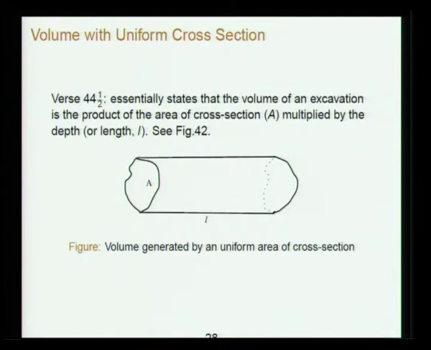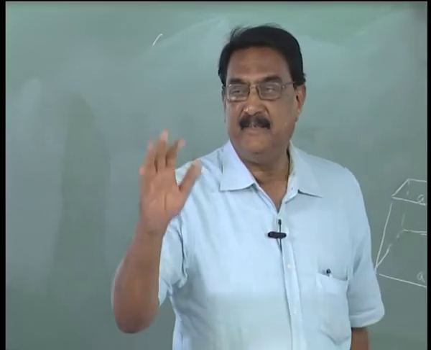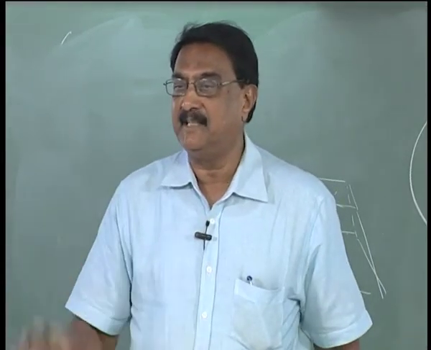So, then again he comes to the volume with uniform cross section. So, one of the verses will say that the volume of an excavation, somehow they use the word excavation in all these things, is a product of the area of cross section multiplied by the depth or length. See, once some important topic is discussed, it is always discussed by the later mathematicians who follow.